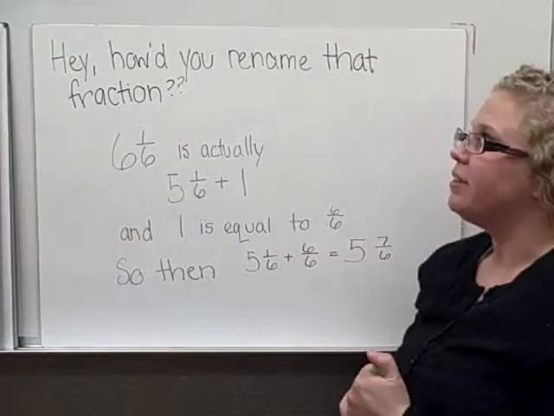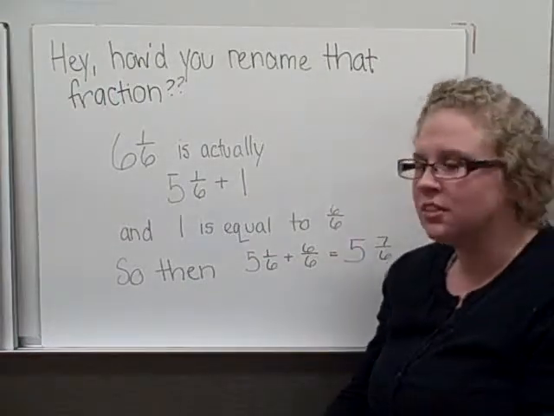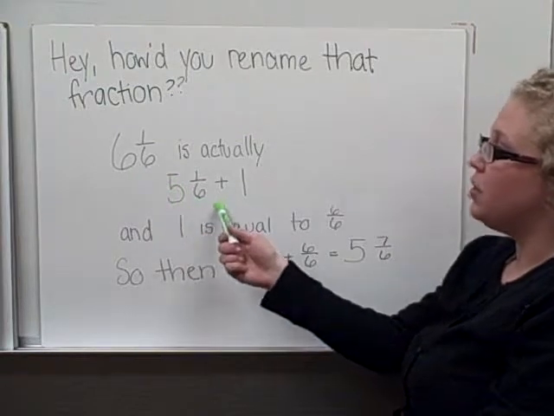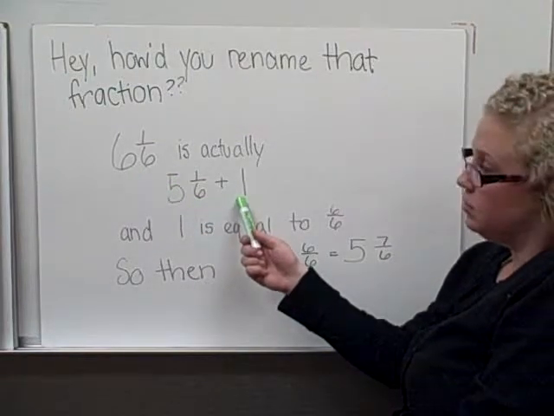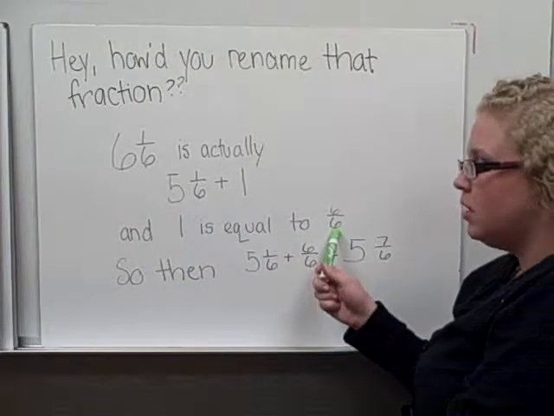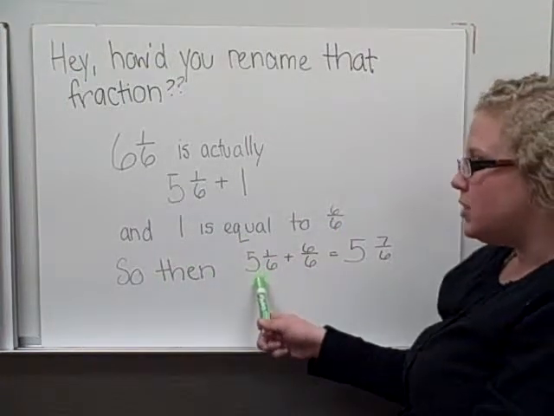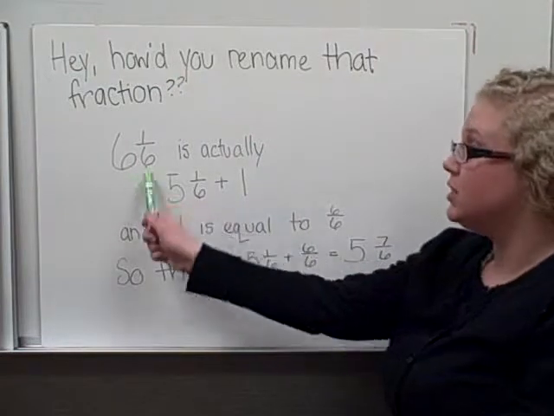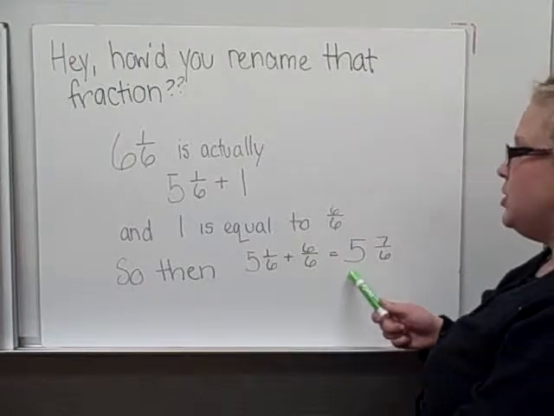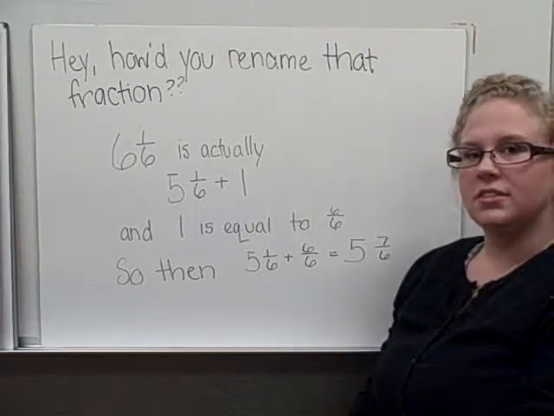Now I know some of you are probably thinking, how did you rename that fraction? Well, 6 1/6 is really 5 1/6 plus 1. And 1 is really 6 over 6. So 6 1/6 is now the same as 5 1/6 plus 6 over 6, which is equal to 5 7/6.